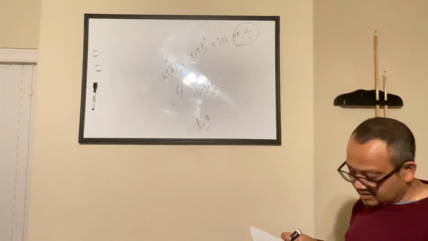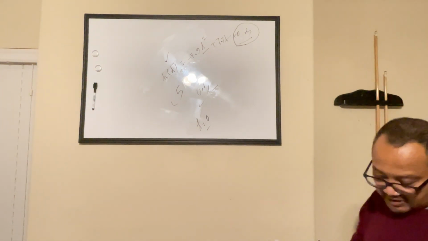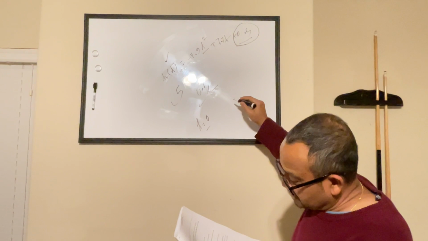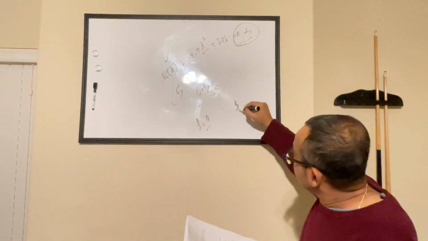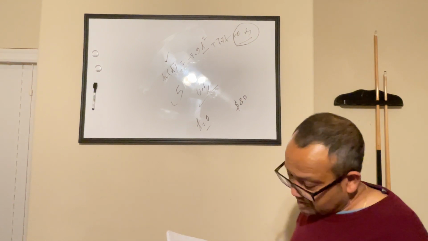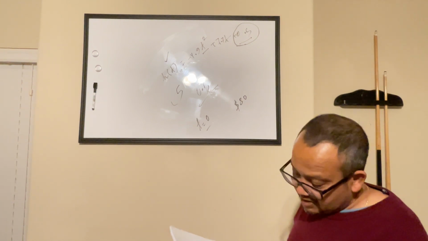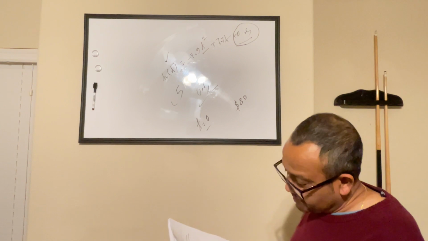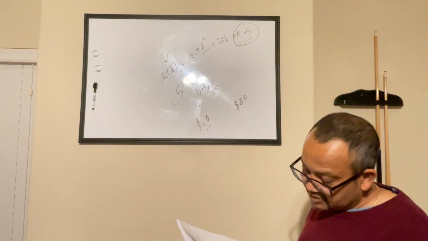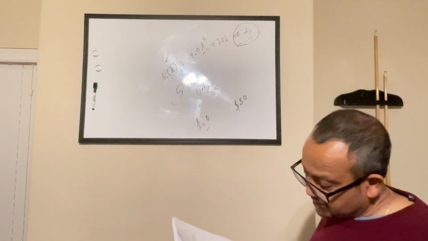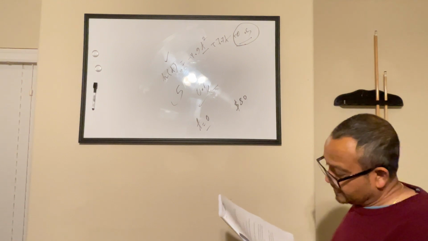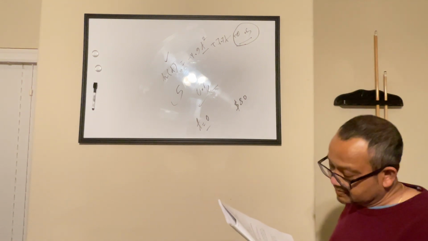Okay. The value of a rare baseball card was $80. That's the next question. The year it was released, Pepe estimated that the value of the card increased by 7% each year and uses the expression 80x to the power t to estimate the value of the card t years after its release.